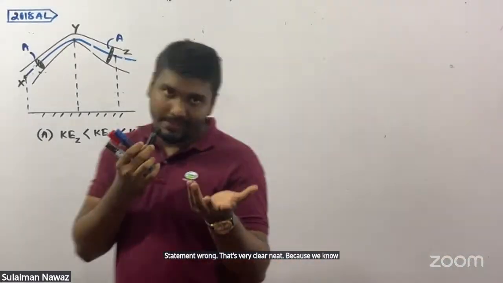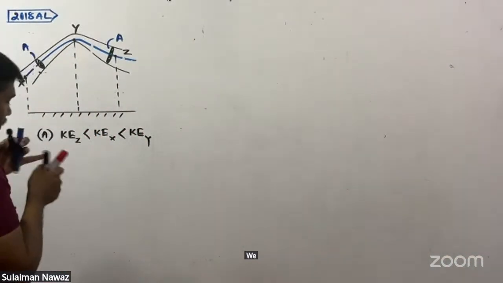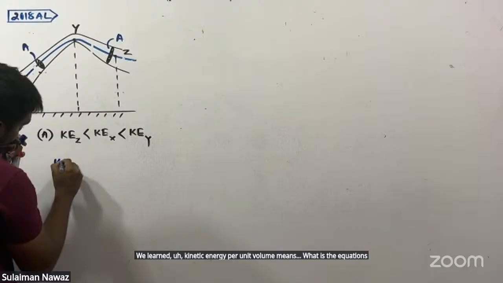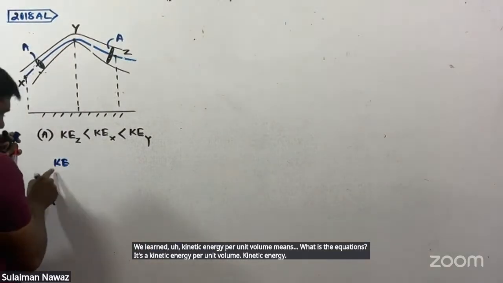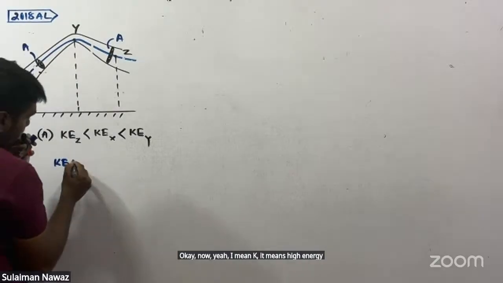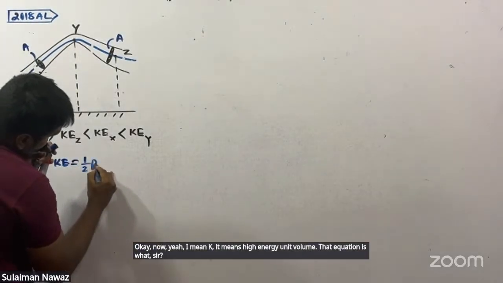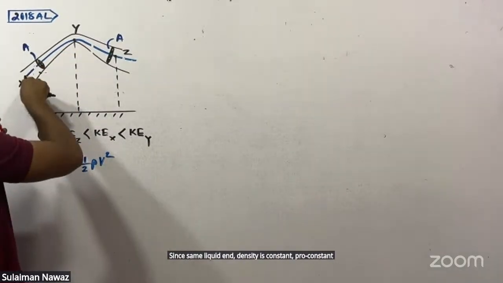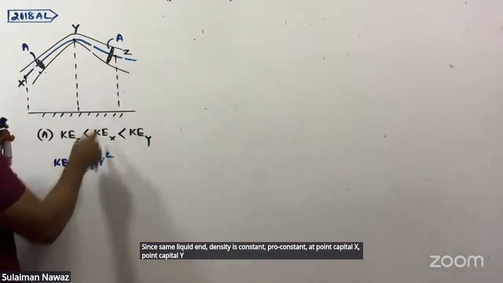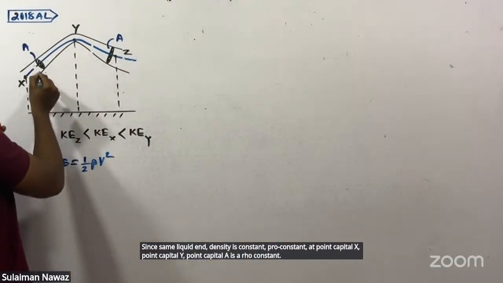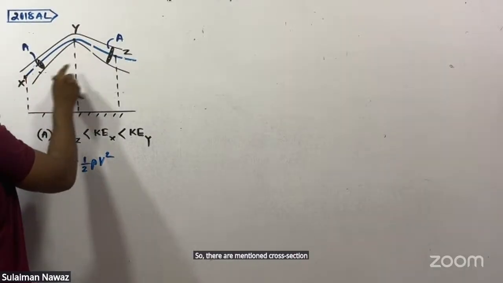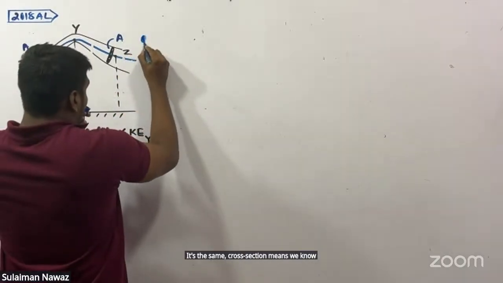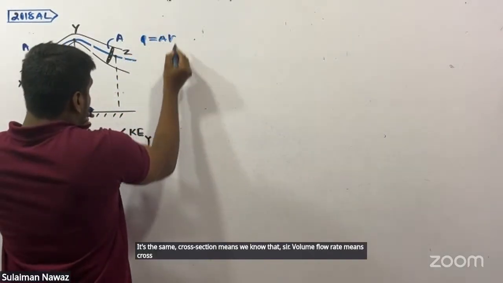Because we just learned what kinetic energy per unit volume means. What is the equation? Kinetic energy per unit volume is half rho V squared. Since it is the same liquid and the density is constant, rho is constant at points X, Y, Z. Volume flow rate means cross-sectional area times velocity.